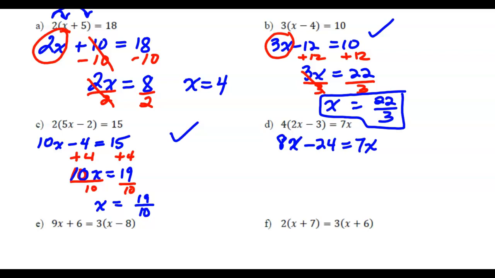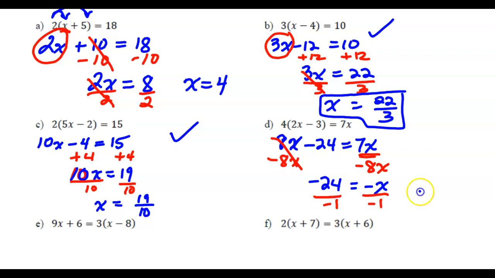So just like on Friday, I'm actually going to leave the x term that's by itself on one side and get rid of the other one so that I still have just one x term on one side. It will give me a negative in this case. So 7 minus 8 is negative 1, so that's going to be negative x. And then I need to divide by negative 1. Really, I'm just changing the sign. So now x equals positive 24.